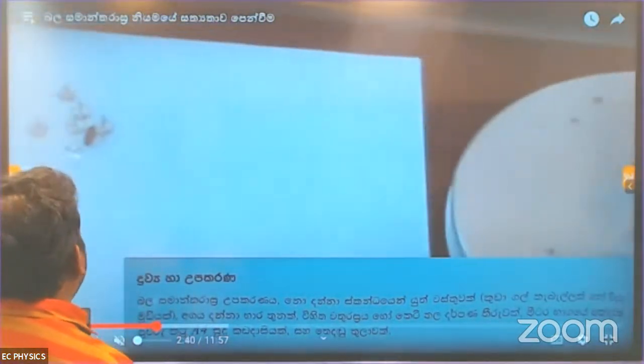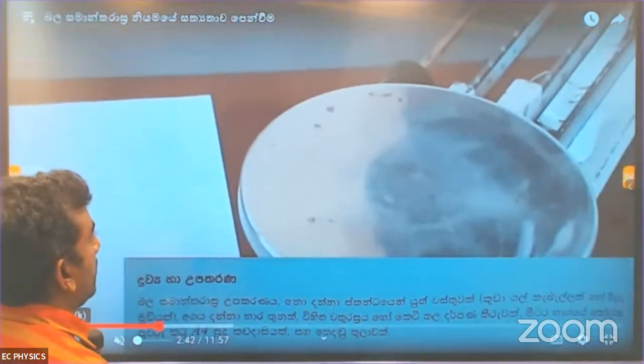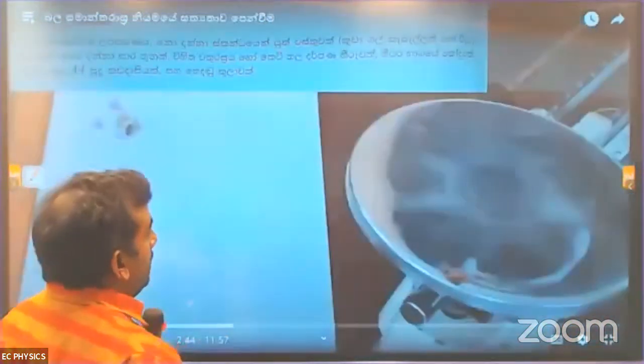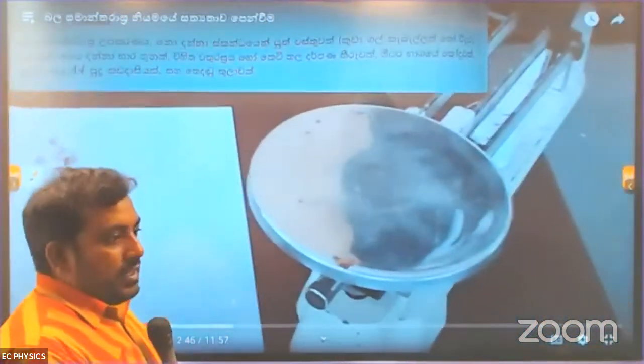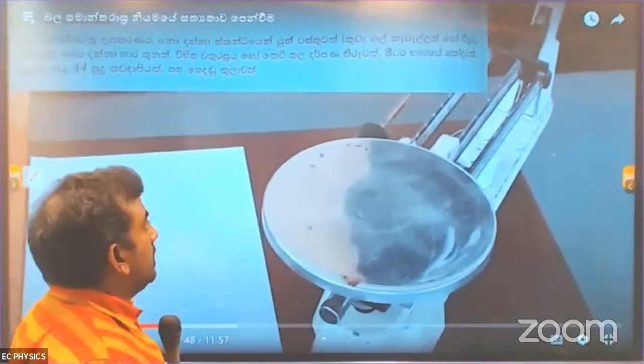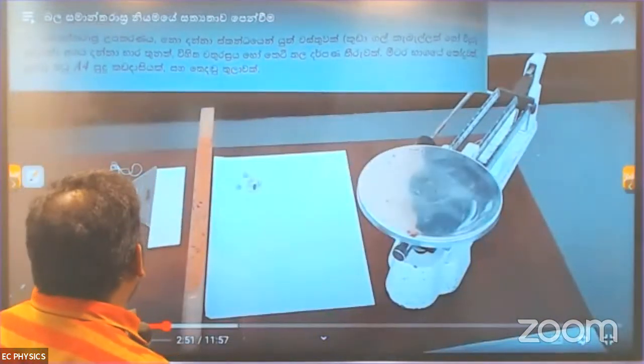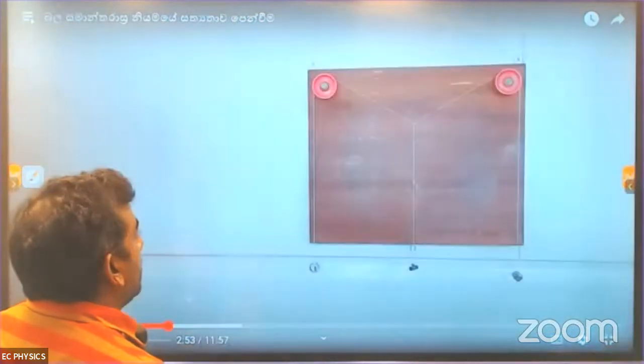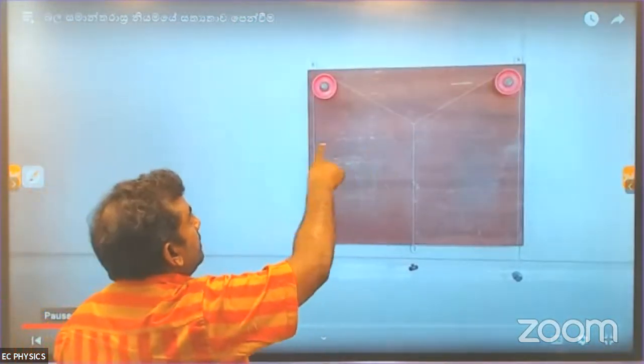And this is your triple beam balance so that you can measure this unknown weight. So there you go, the setup.